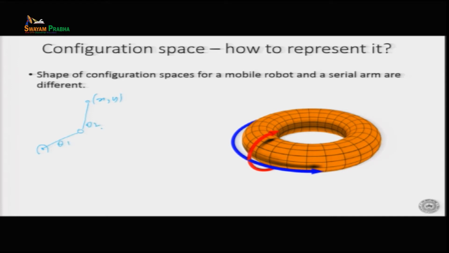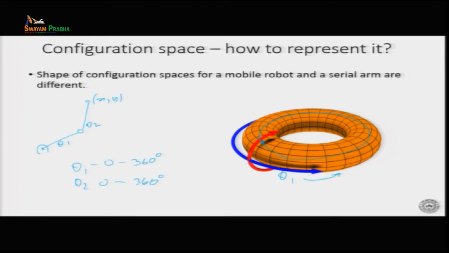We have seen that when I want to draw the configuration space of this robot, I am going to vary theta 1 from 0 to 360 degrees, and I am going to vary theta 2 from 0 to 360 degrees. If you look at the right side figure, say this is my theta 1, and theta 1 varies like this from 0 to 360, then I get a circle.